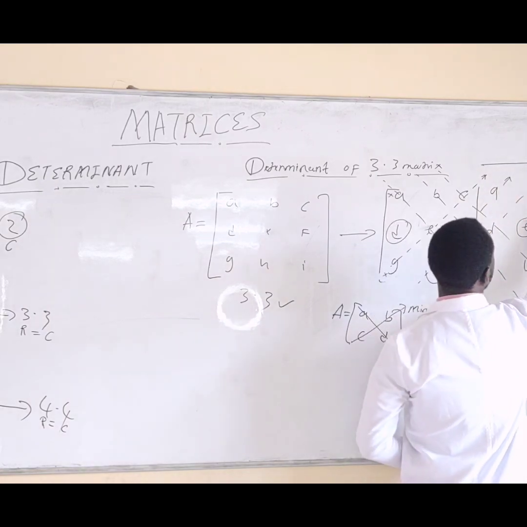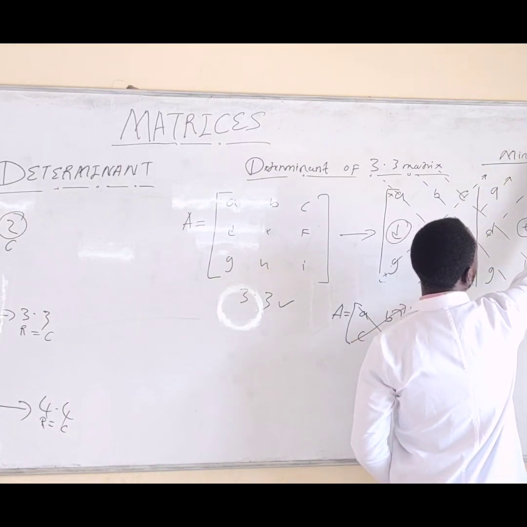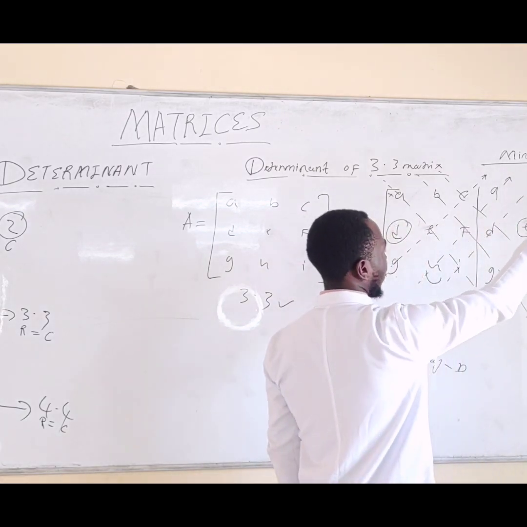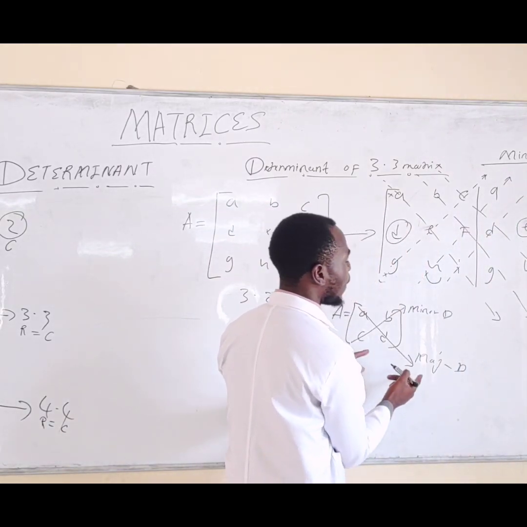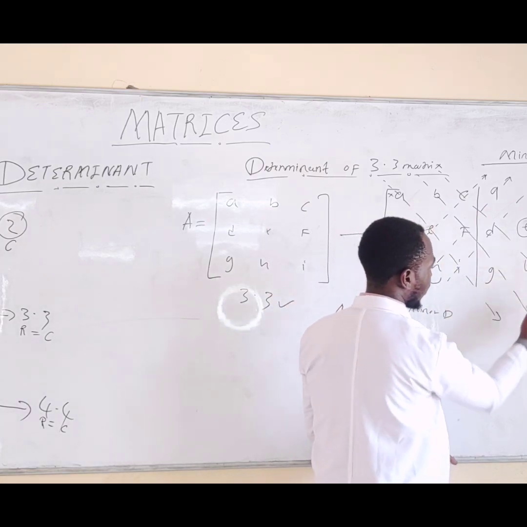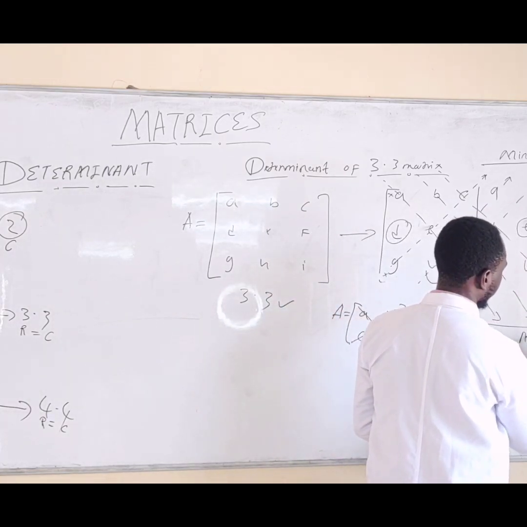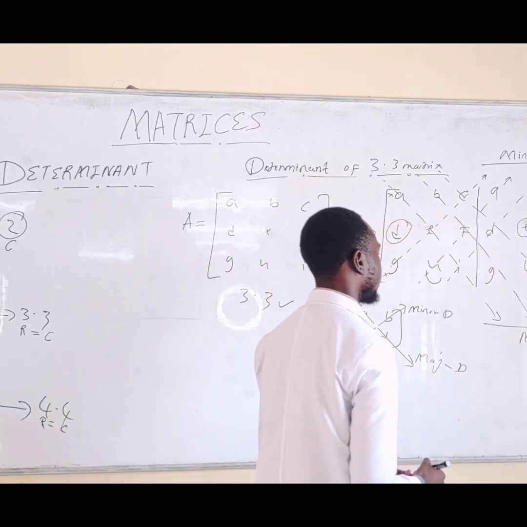These are my minor diagonal lines. And the lines going this side are called major diagonal lines.